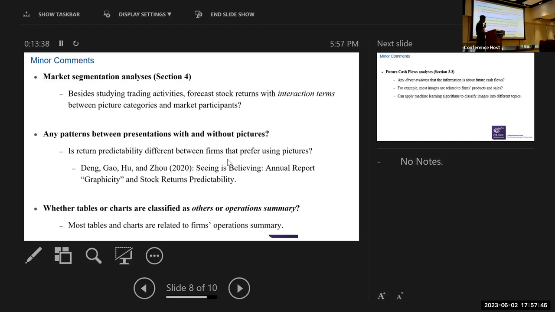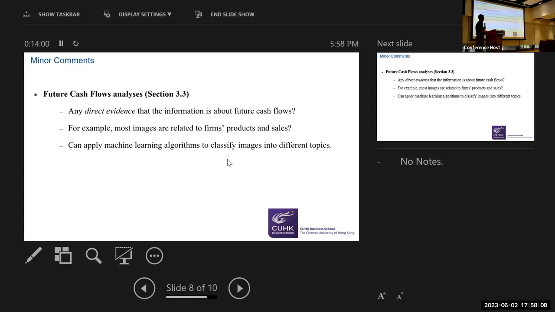So I'm not sure whether it would be better to classify them as others or operation summary. But I don't think this reclassification will change anything, because your focus is the operation forward. So whether you classify them as others or operation summary, I don't think it matters. It's just a small issue I have in mind.